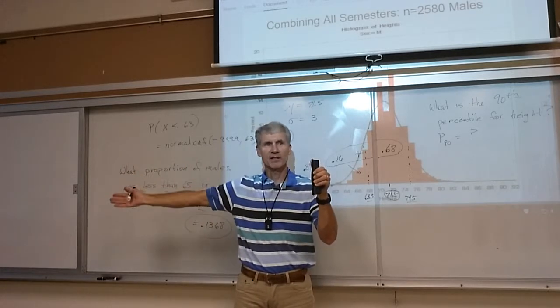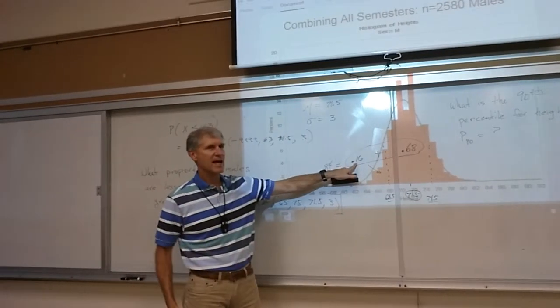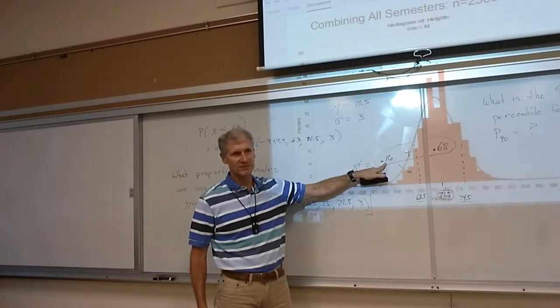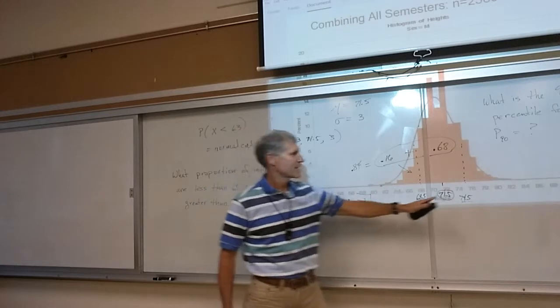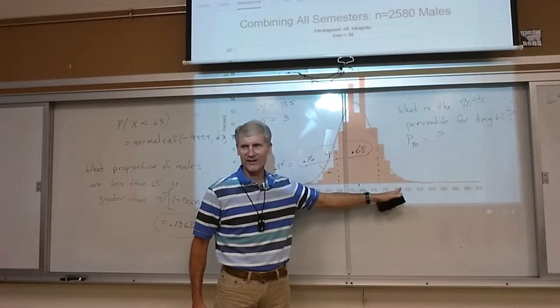How much area would that be? What did I say this came from? Half the leftover area. What's half the leftover area from 95? 2.5, right? Or as a proportion, 0.025. So 2 standard deviations would be the 97th and a half percentile.